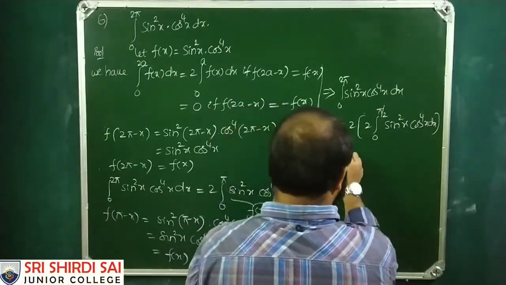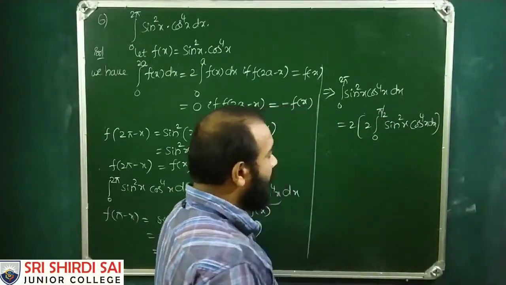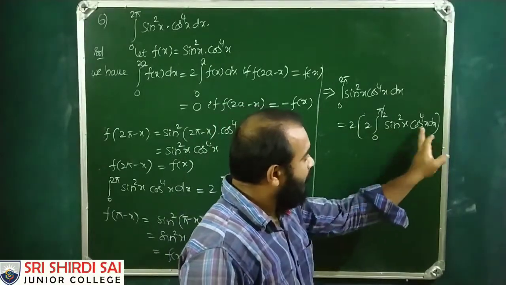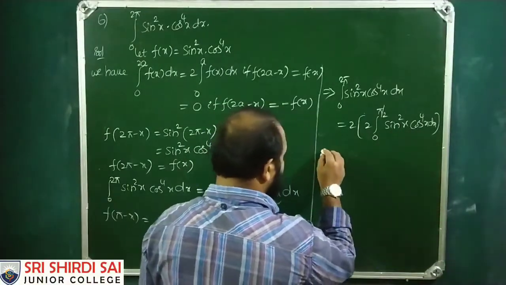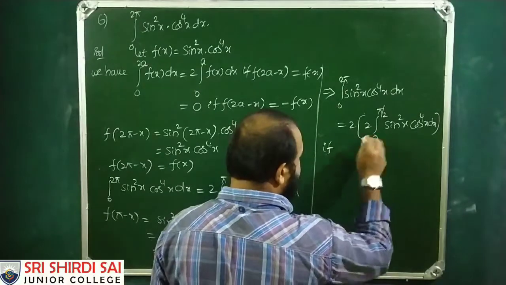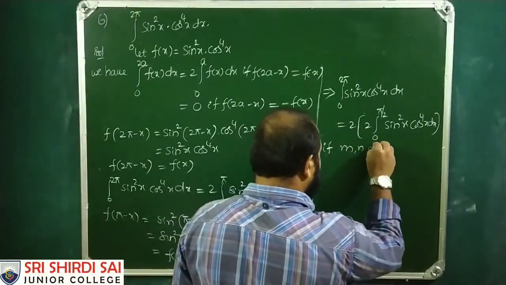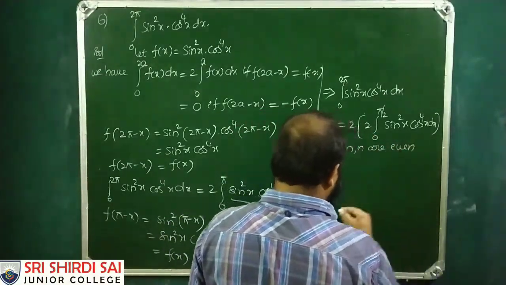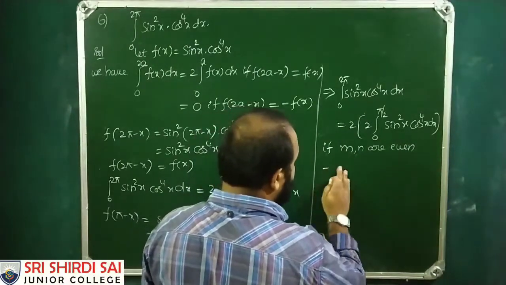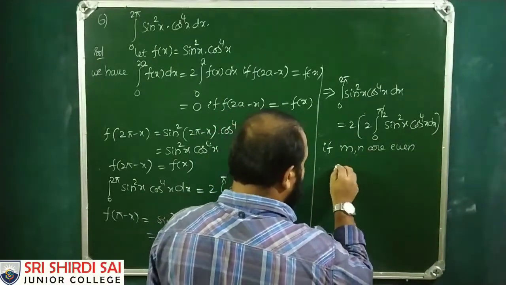Okay, so this is 4 into, here both m, n are even. If m, n are even, then what is the formula?